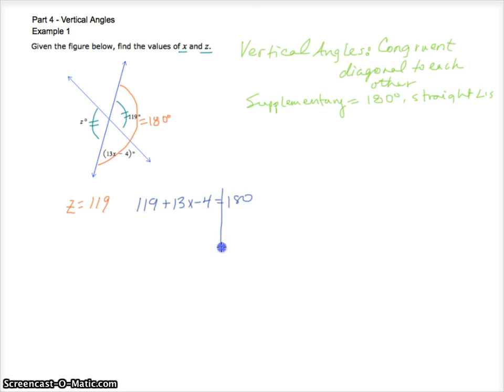And now I'm just going to solve for x. 119 minus 4 is 115 plus 13x equals 180. I'm going to subtract 115 from both sides. So I get 13x equals 65. Divide by 13. And x equals 5. Alright, let's go look at one more example and then I'll set you free.